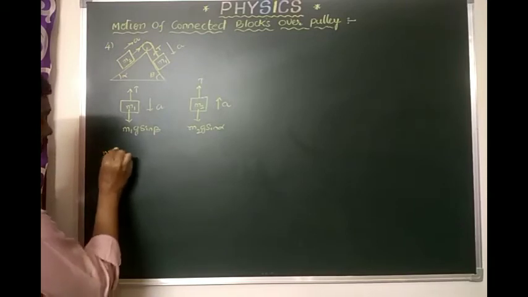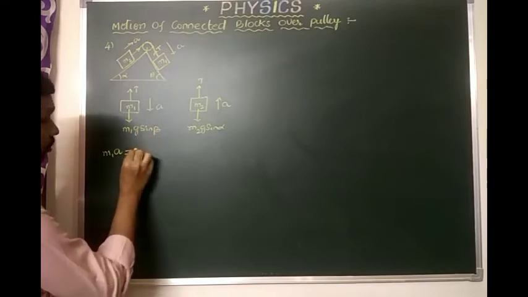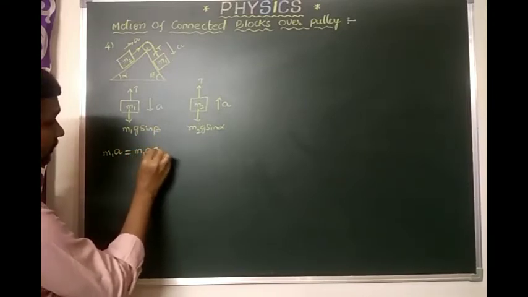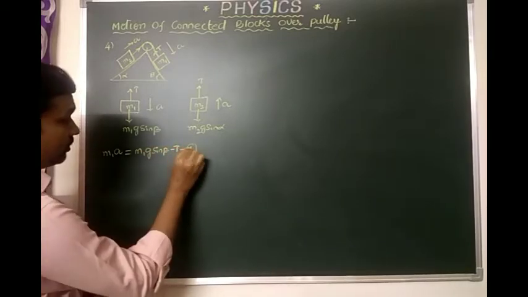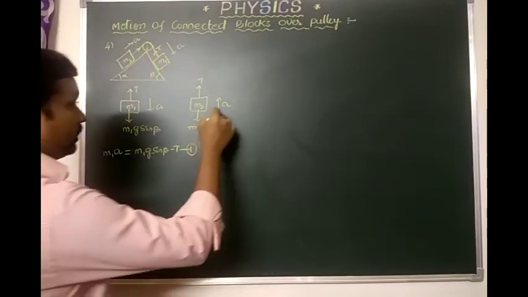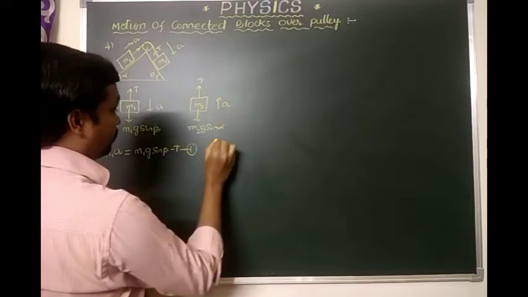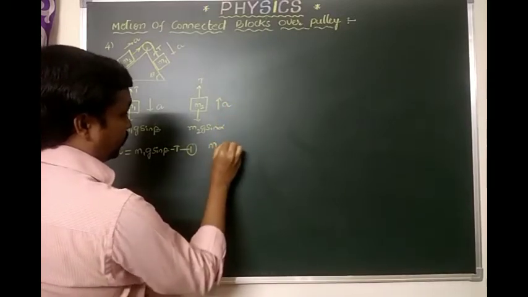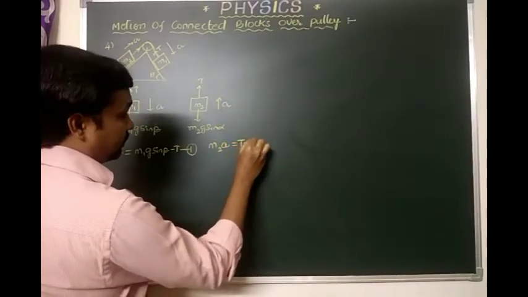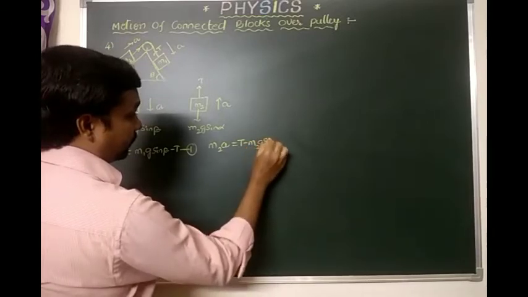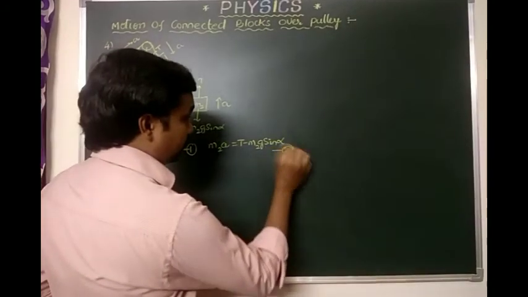Net force is equal to m1a. m1g sin beta will be more, so m1g sin beta minus tension T. Let it be equation number 1. Coming to the other, what will be the net force? m2a in upward direction is equal to T minus m2g sin alpha. Let this be equation number 2.